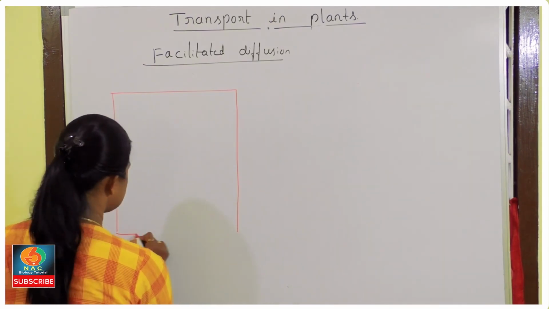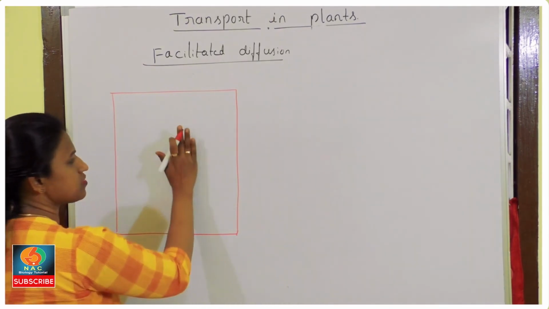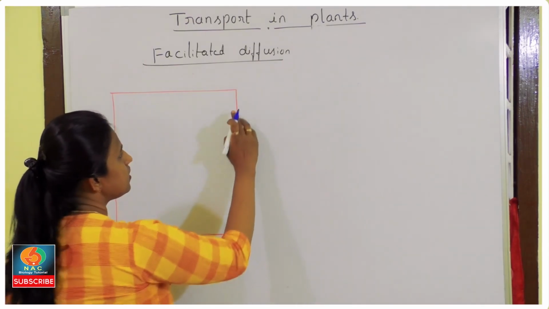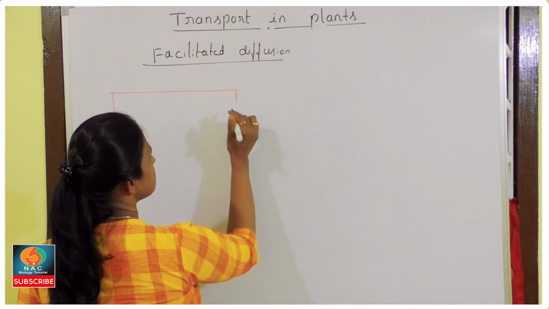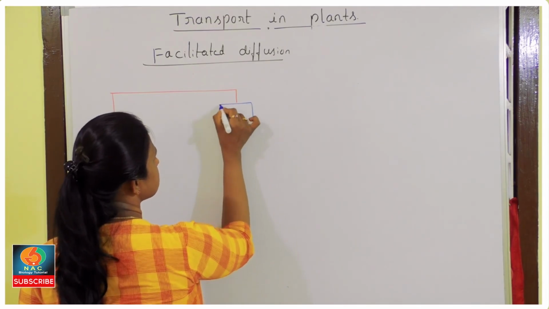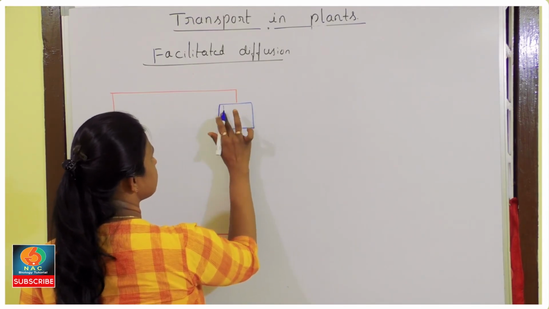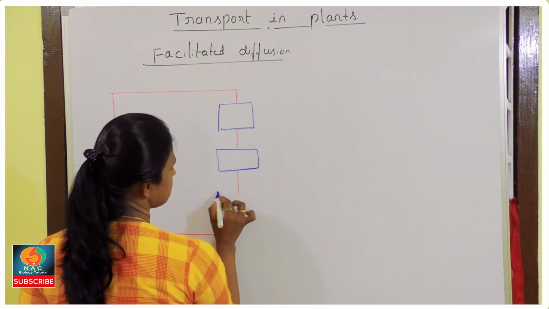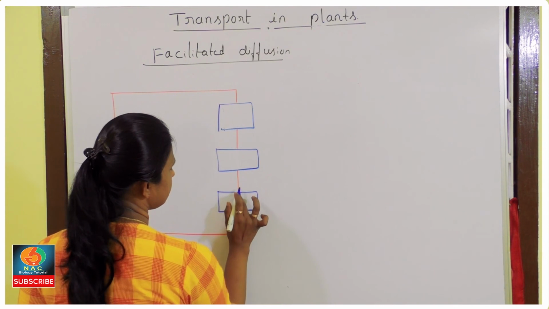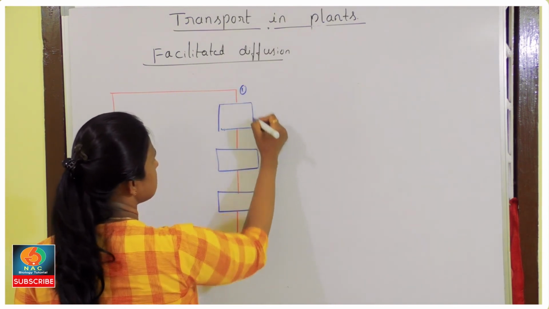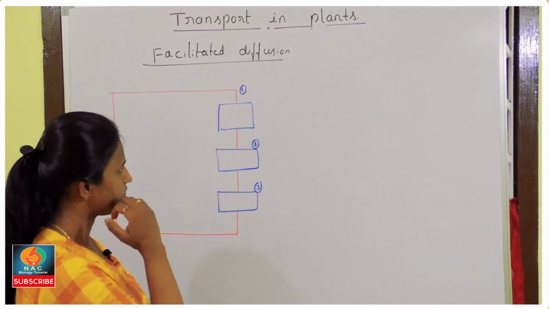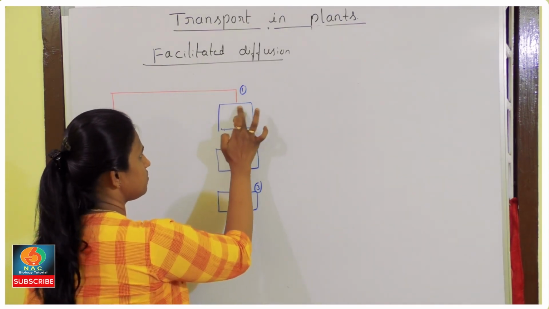Let's imagine this is a school campus, and it has three gates. This is gate 1, this is gate 2, this is gate 3. Now, let me tell you one small logic story.